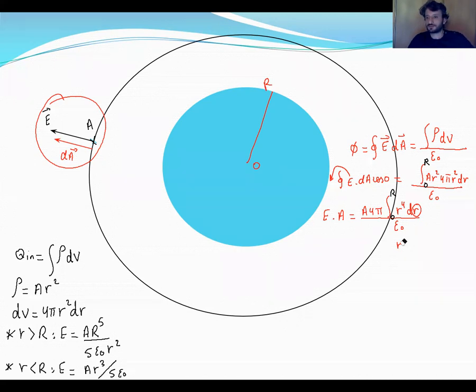Here we have a and a, so we can calculate the integral of r^5 dr, which equals r^5 divided by 5 with the limit between 0 and r.